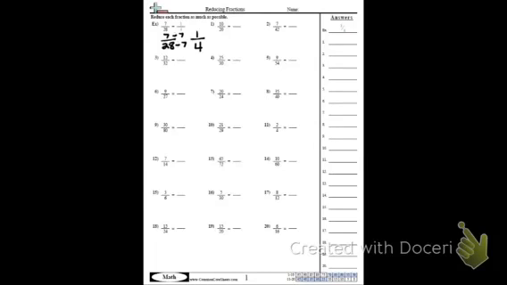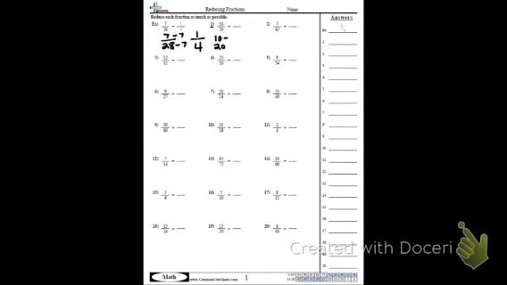So with their first question here, number 1, 10/20, the greatest common factor between 10 and 20, if you list factors out of them both, you would find that the greatest common factor of those two happens to be 10.